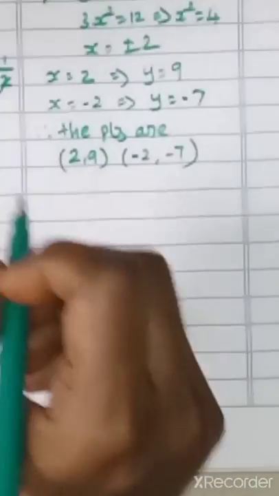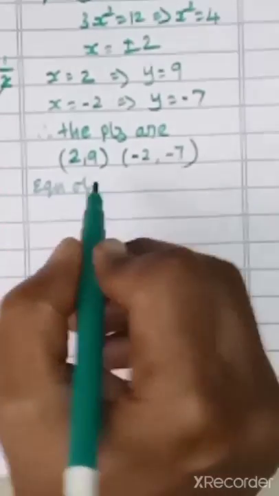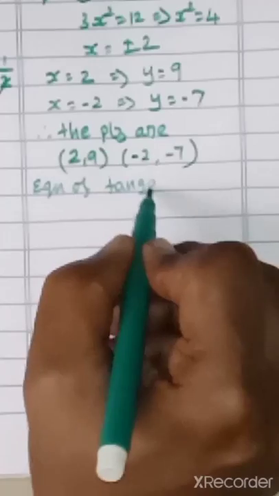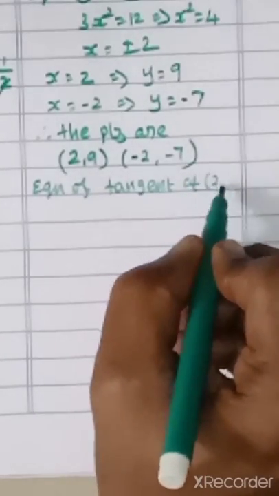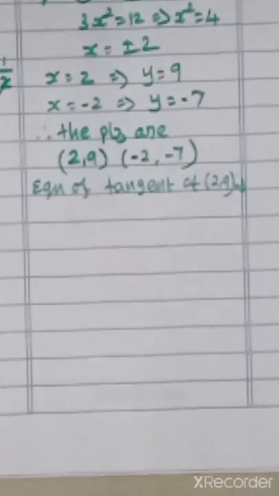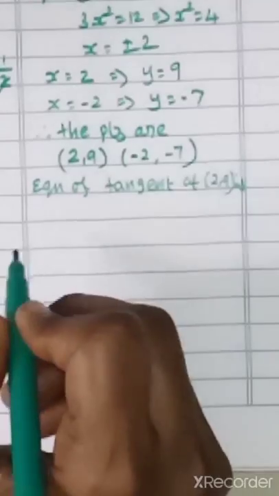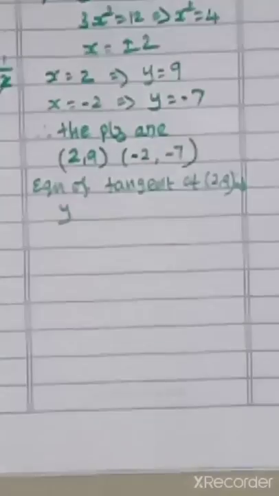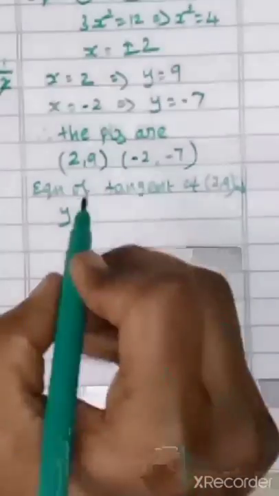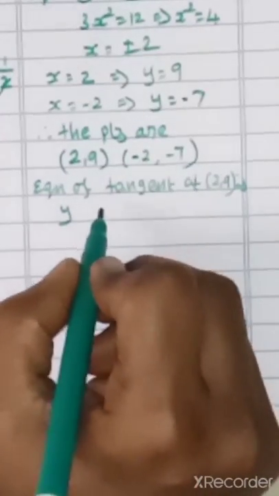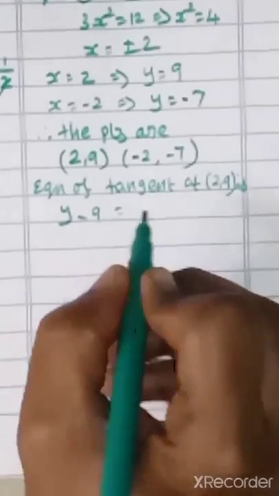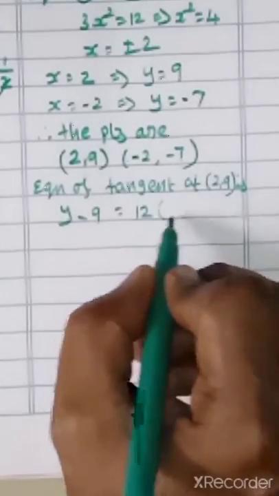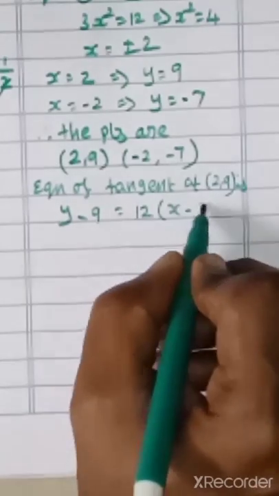Okay, next. So we can go to the equation of tangent. Equation of tangent at 2, 9 is y minus 9 equal to, m value is 12, 12 of x minus 2.